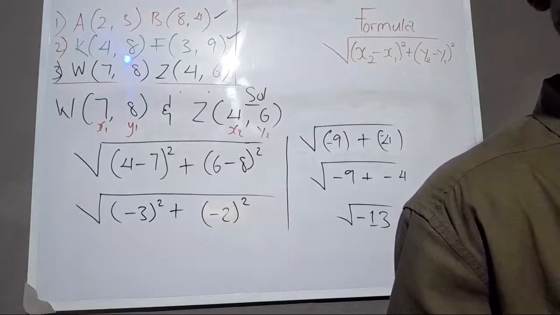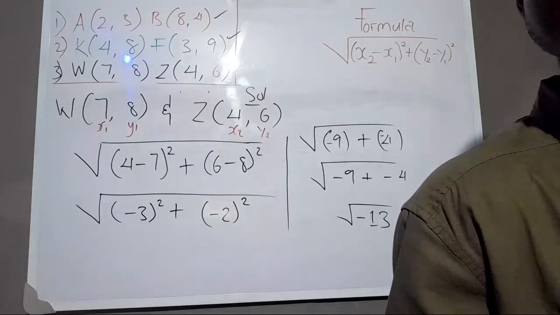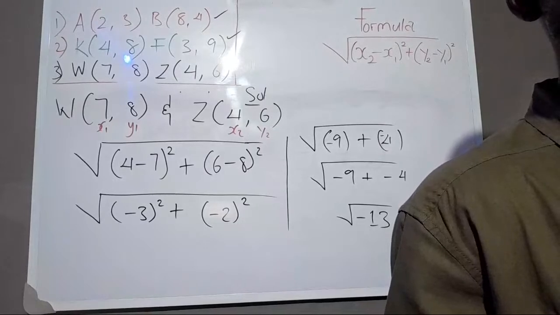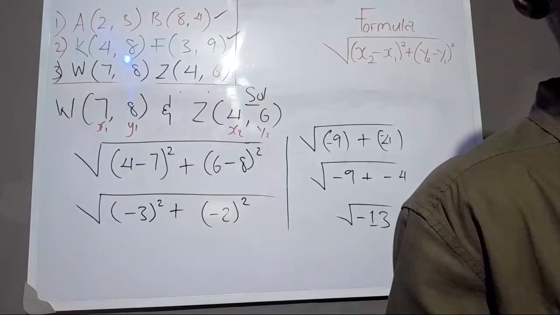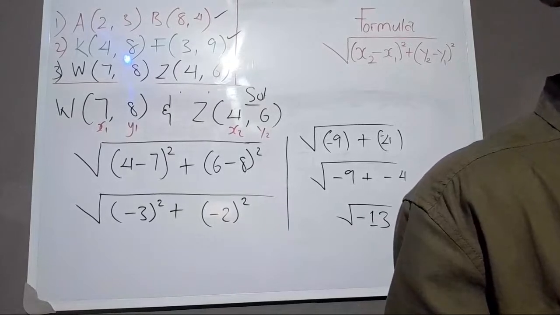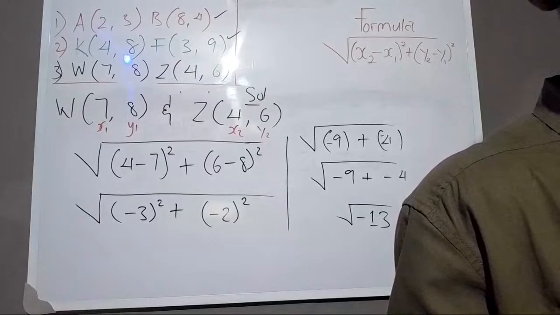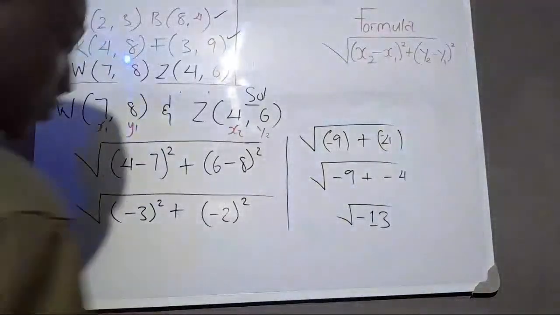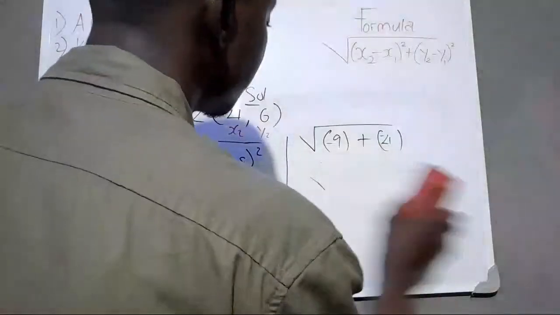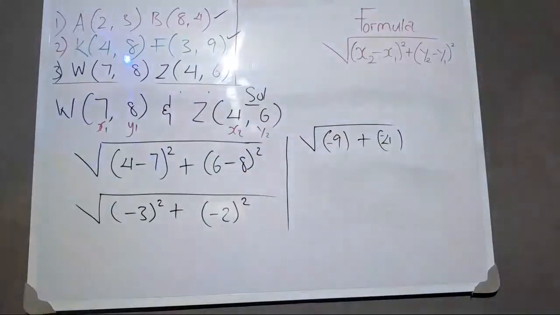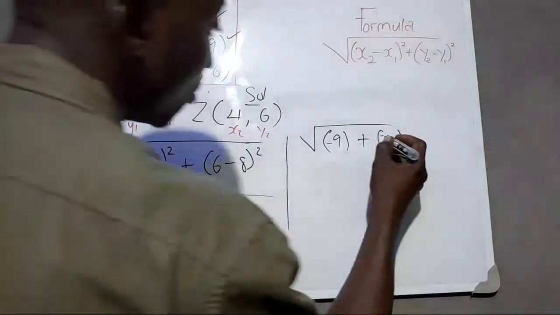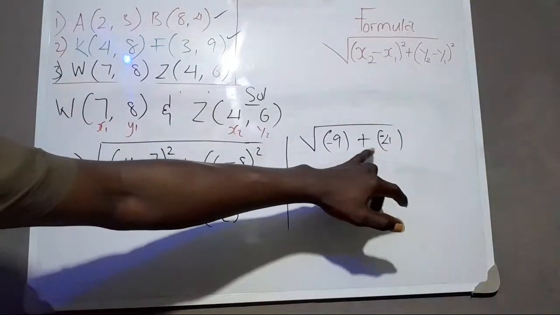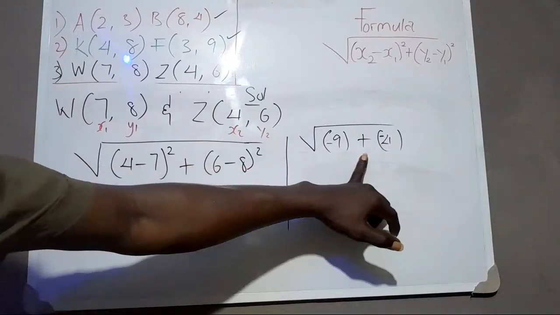Square root of... okay, so to simplify this, we can't multiply this because there is a positive sign here.